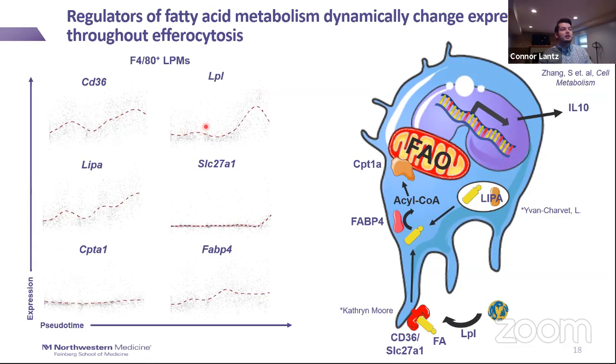When you look at enzymes such as lipoprotein lipase, which is important for creating free fatty acids, as well as scavenger receptors that transport these free fatty acids into the macrophage, and fatty acid binding proteins important for creating acetyl-CoA, which drives fatty acid oxidation, I see an increase overall in both my large peritoneal macrophages and my small peritoneal macrophages, suggesting that fatty acid metabolism is a conserved metabolic programming across my macrophage populations.